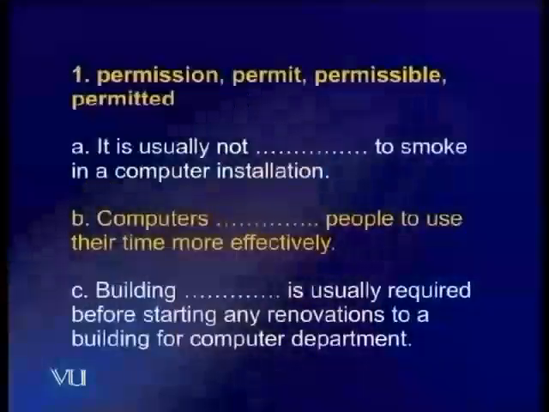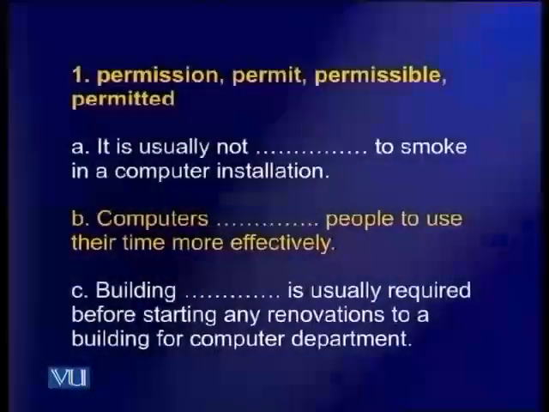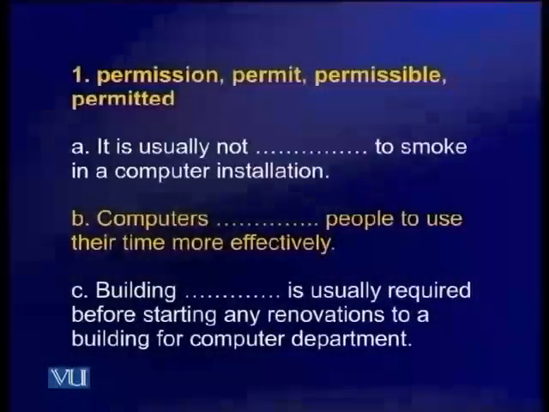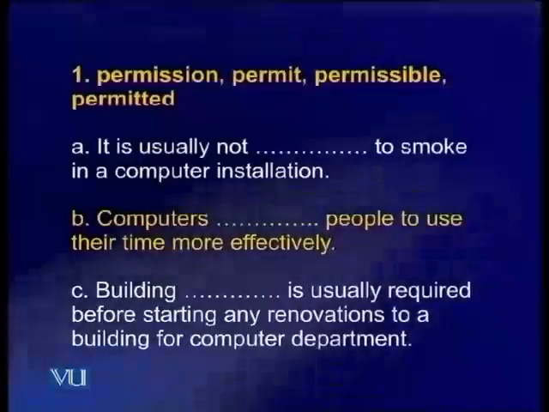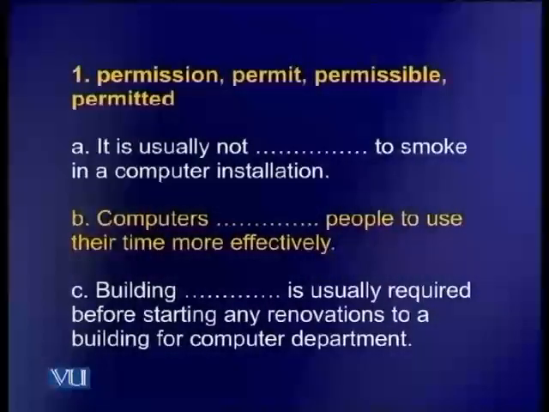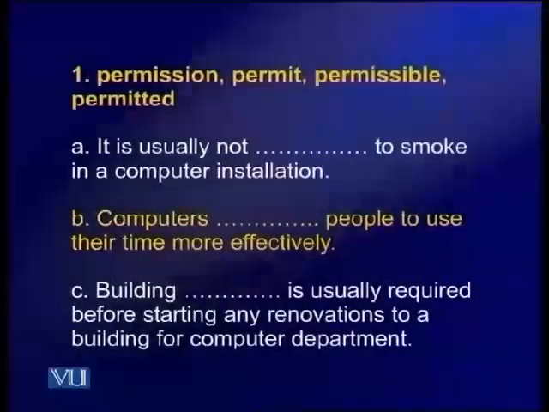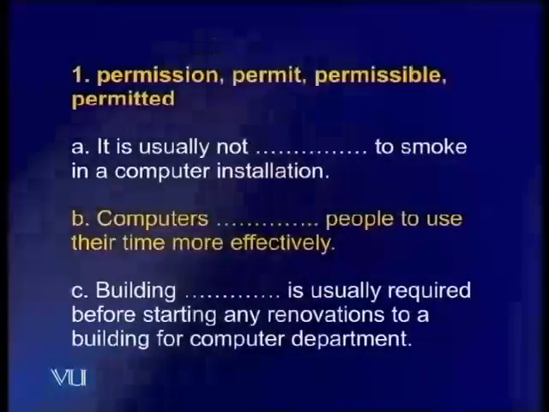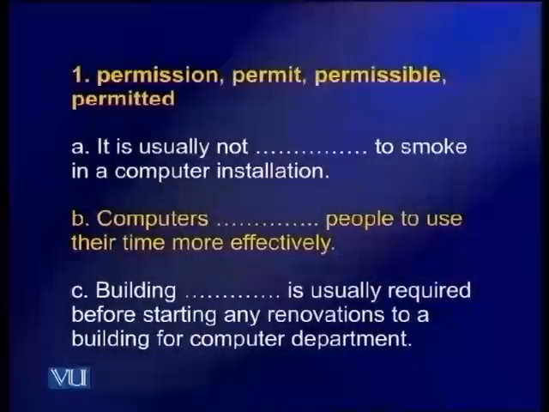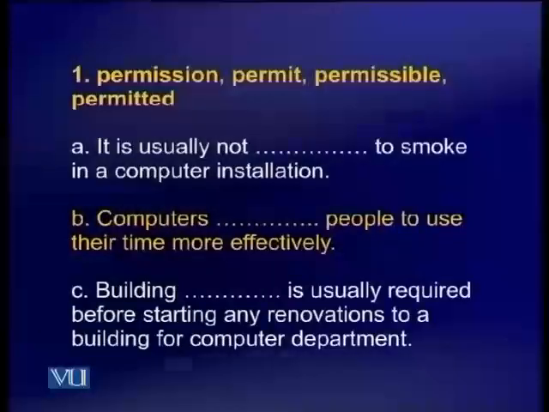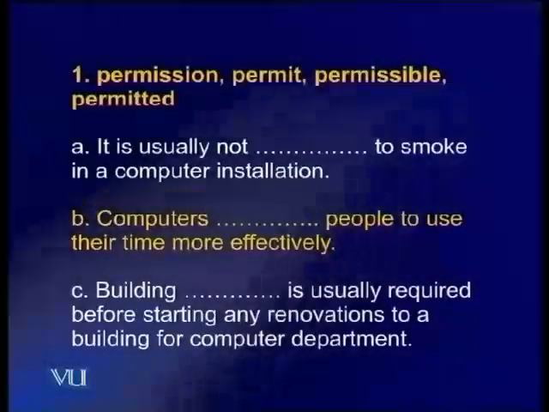The first sentence is, it is usually not blank. You fill it with one of the 4 words given on your screen. And the words are permission, permit, permissible, permitted.